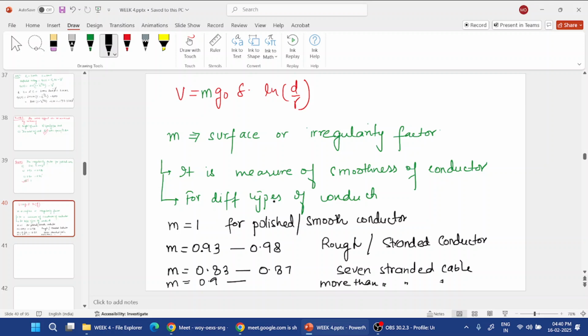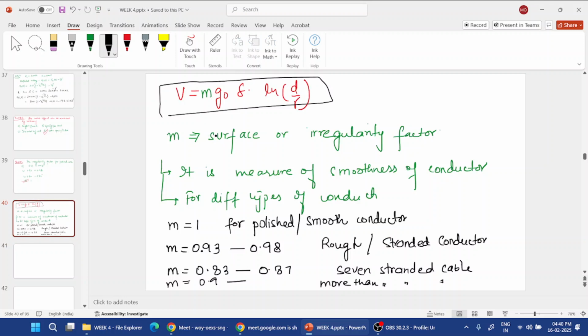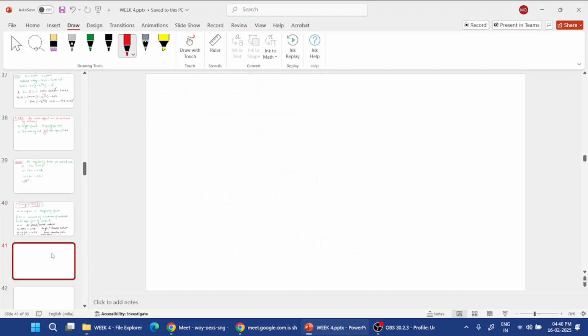So in order to have a more practical expression, we generally include this m, which is known as the irregularity factor.